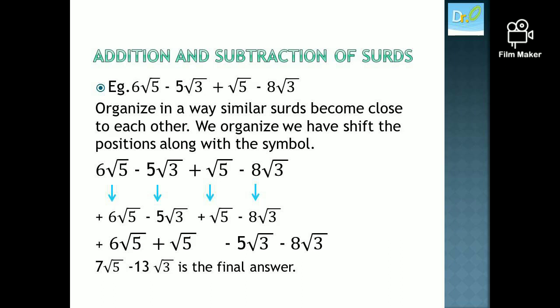Therefore, bring those terms close to each other. 6 root 5 plus root 5 minus 5 root 3 minus 8 root 3. Then you can simplify 6 root 5 plus root 5 is 7 root 5. Minus 5 root 3 and minus 8 root 3 is minus 13 root 3. That would be your final answer.